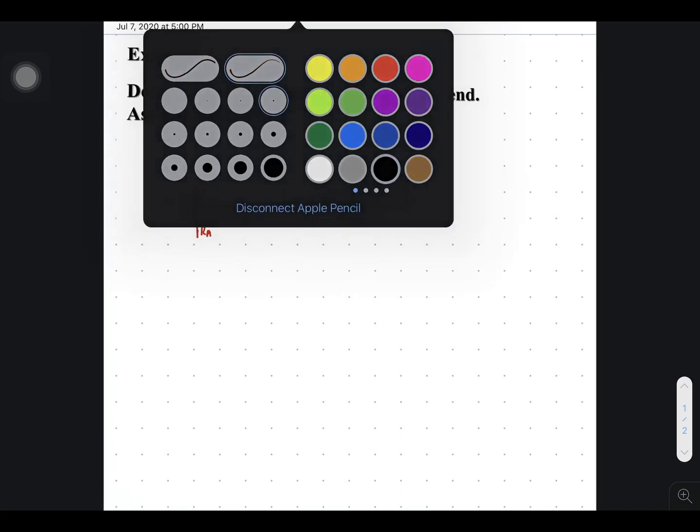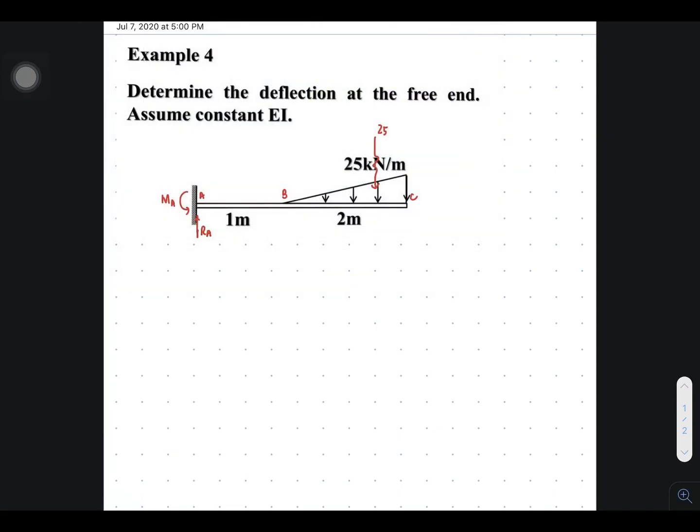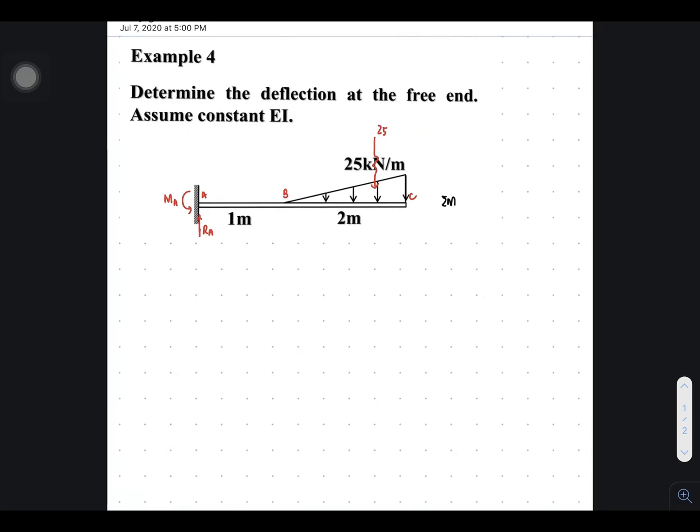Summation of moment about point A equal to 0. You will have negative MA plus 25 times 2/3 of 2 plus 1 equal to 0.